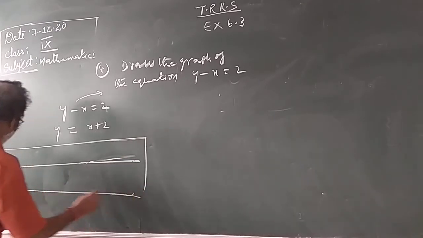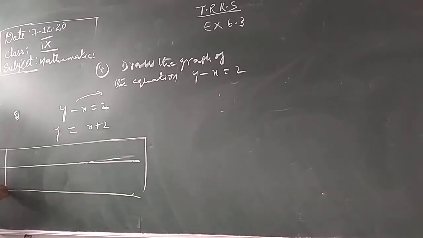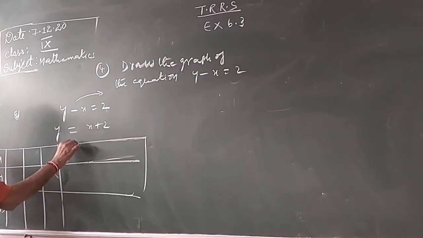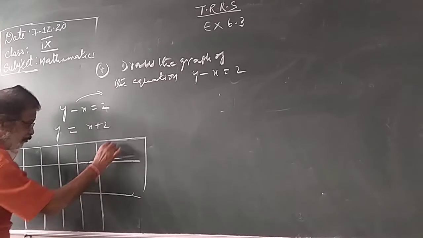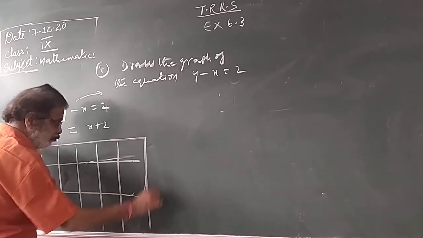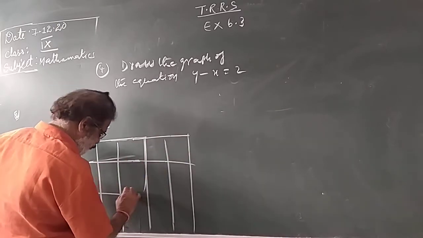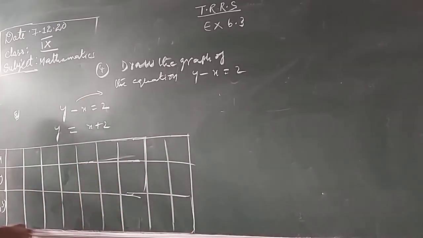You take some values. So this is x, this is y, this is x comma y. Take 4 positive values and 4 negative values and prepare the table like this.